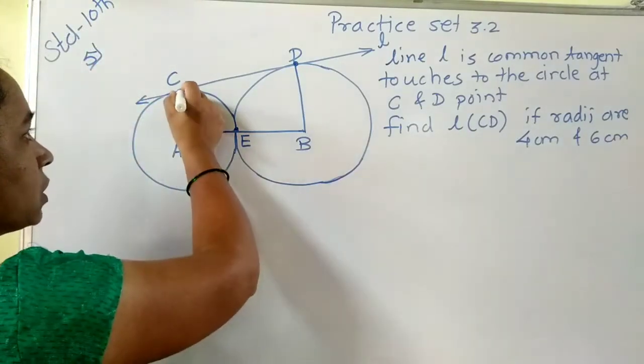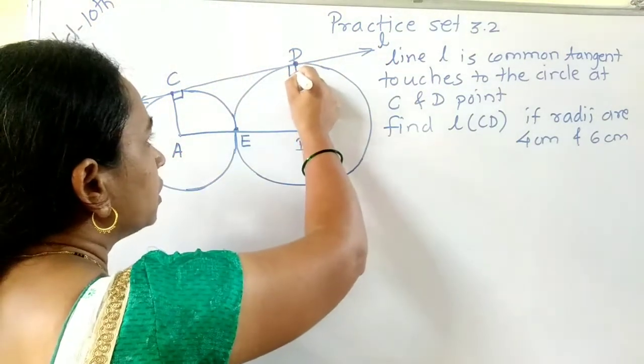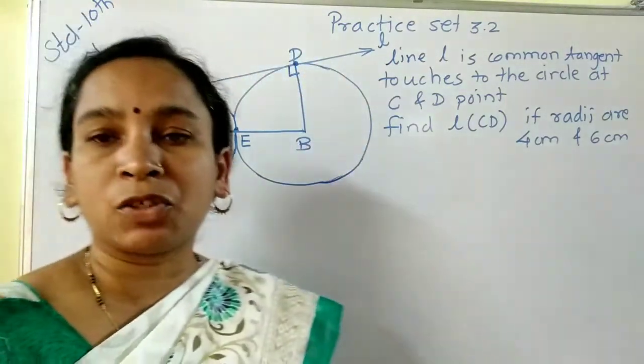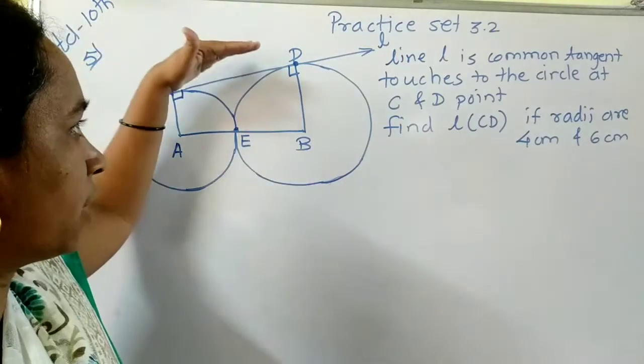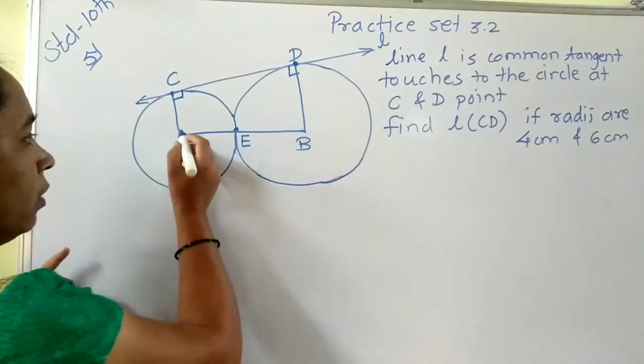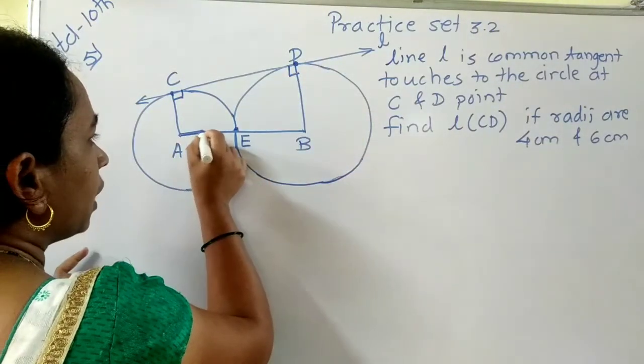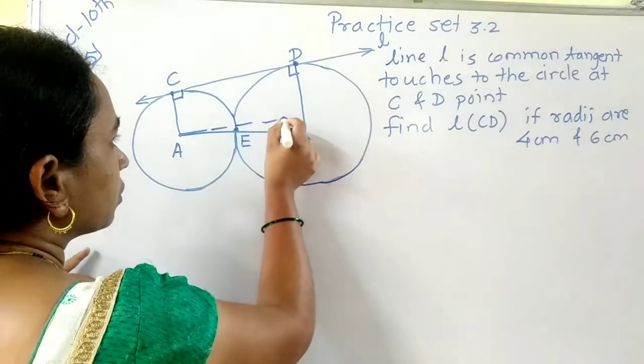CA is the radius of this circle, so it is a perpendicular radius. So it is perpendicular to the tangent by the tangent theorem. To find the segment CD, I will draw the perpendicular from A to this DB. So here I'll have this construction.